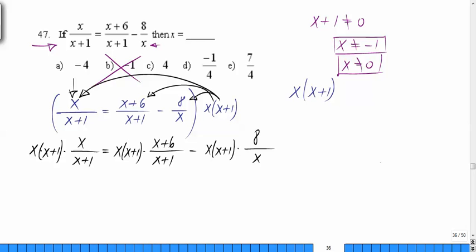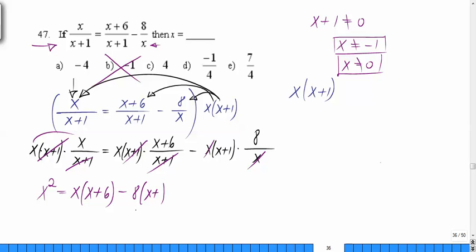As you can see in here, there's a lot of cancellation, right? I have x times x, which is x squared, equals, here x plus 1 cancels out. I will have x times x plus 6, minus, here x and x are cross canceling, and I will have x plus 1 times 8, or 8 times x plus 1.